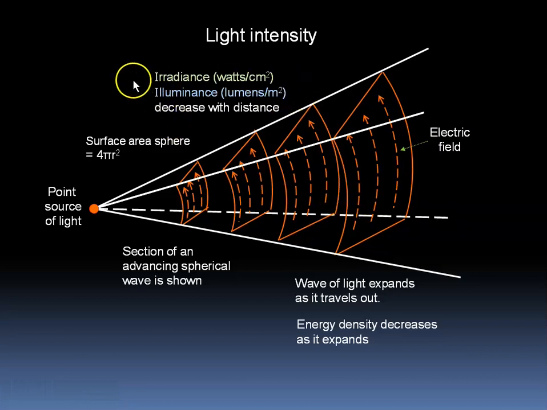However, illuminance more accurately represents our human perception, in that we do not respond to all colors of light equally, as our cones are preferential to certain colors.